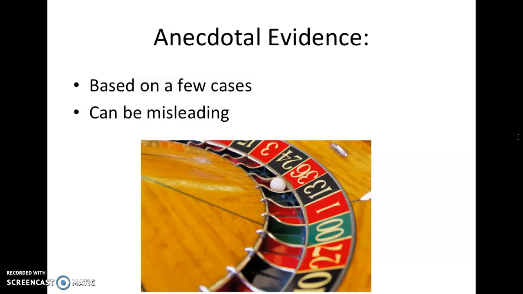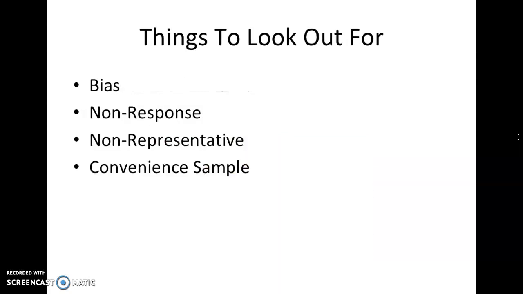It may be true, may be verifiable, but it also might just be from a couple small examples, such as you went to the casino, you saw somebody spin the roulette table, it landed on 36, so therefore the roulette table always lands on 36, so that's what you're going to bet on. That would be anecdotal evidence. It doesn't always land there. There should be the same probability of it landing anywhere on the roulette wheel.